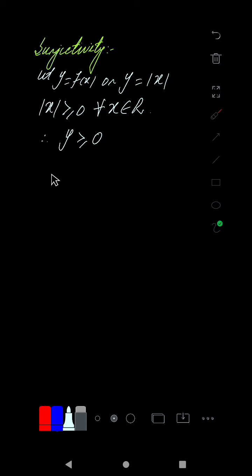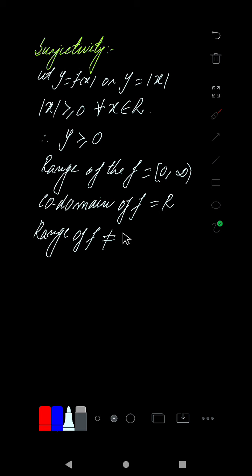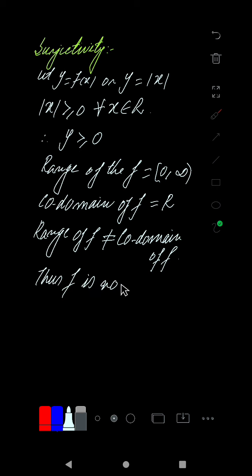The set of possible values of y is called range. Thus, range of the function is equal to [0, infinity). But codomain is given as R. So clearly, range of f is not equal to codomain of f. Thus, f is not an onto function.